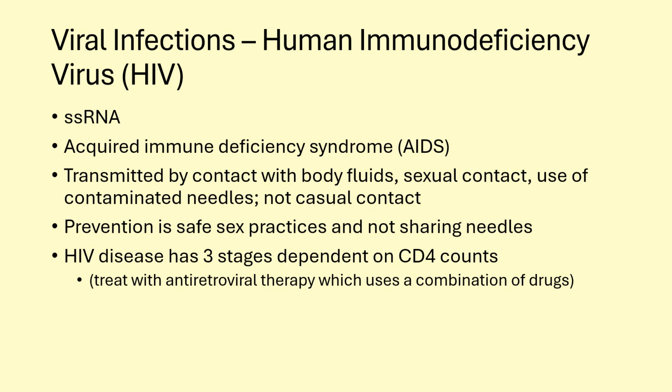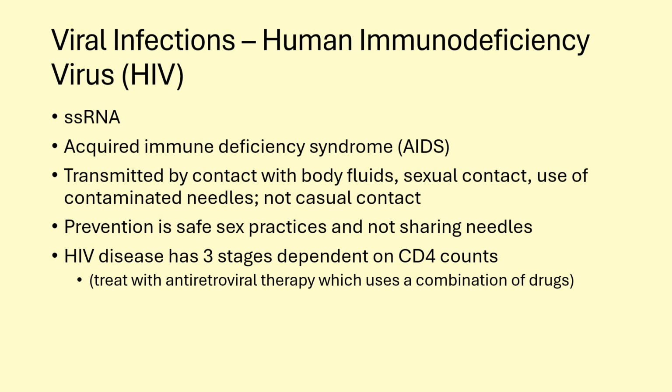HIV disease is characterized as being in 3 different stages. It's dependent on what the CD4 count is. Remember CD4 when we talked about the adaptive immune system and the helper T cells. CD4 cells are a type of helper T cells.